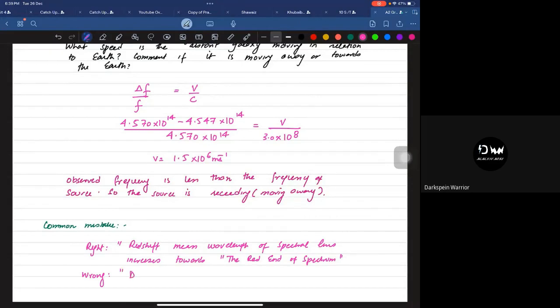This is wrong. Do not write it. If you write that, obviously you're wrong, because the lines do not become red; they just slightly shift. That's why.